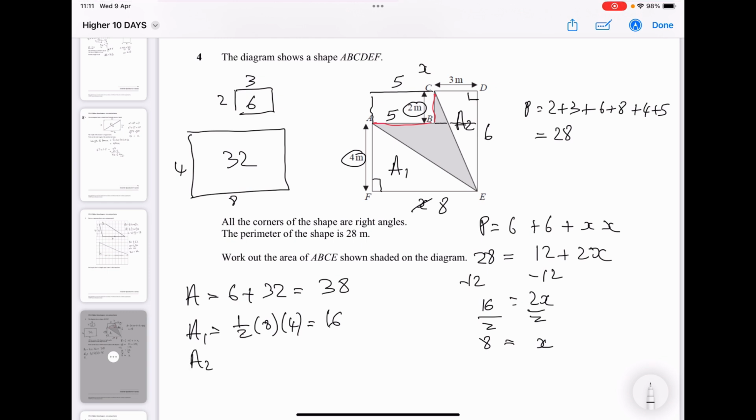Area 2 is a half, 3 times 6. 3 sixes are 18, times a half is 9. If I add those two together, that is 25. And so the area of the shaded region is 38 take away 25, which is 13 meters squared.